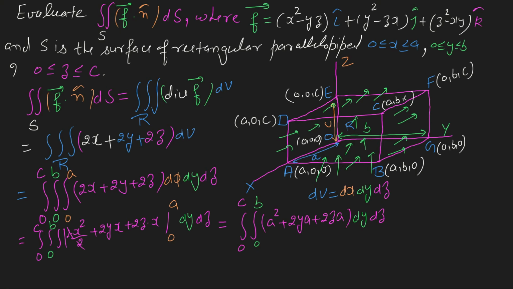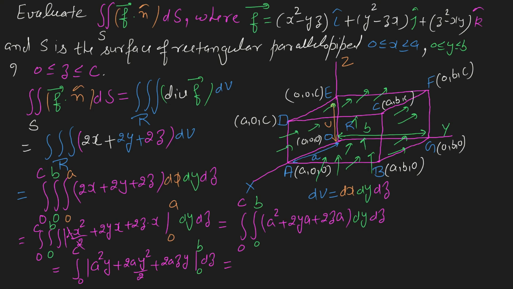Now we need to integrate with respect to y. So this will be further equal to, with limit 0 to c, and when we integrate with respect to y, we will treat z as a constant. So here it will be a square y plus 2a y square by 2 plus 2az y, and limit is from 0 to b, here is dz.